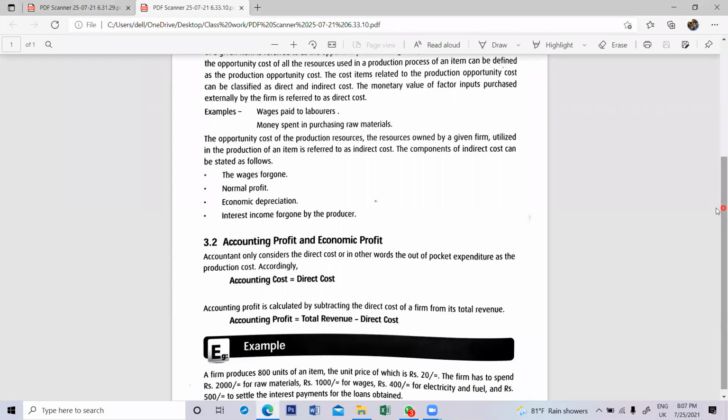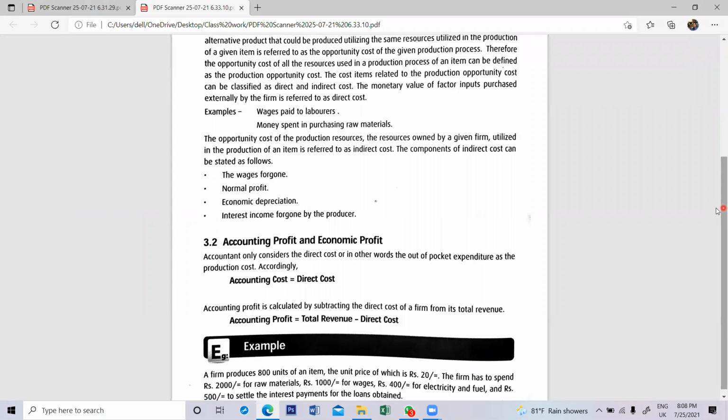Accounting profit, of course, profit means total revenue minus total cost. Economic profit means the same, total revenue minus total cost. But accounting profit is higher than the economic profit. Why? When the cost of production is calculated, the accountant doesn't take indirect cost, simply opportunity cost.